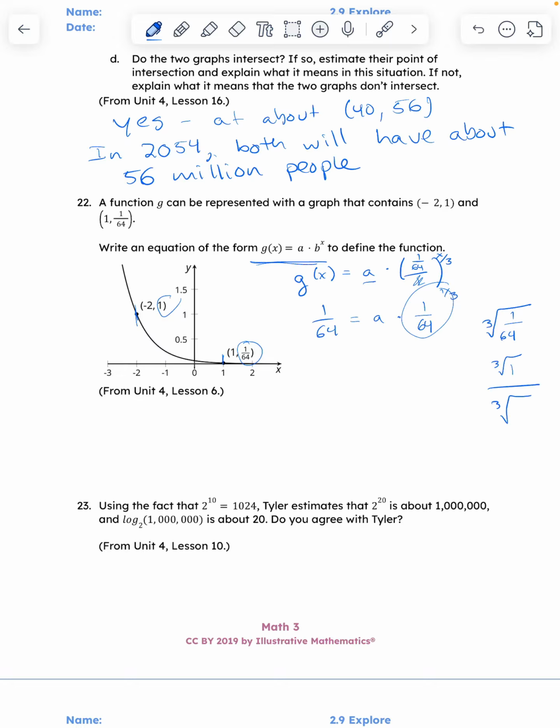Well, the cube root of 64 is 4. So I feel great about that. So I then know that 1 over 64 is equal to a times 4. I can divide both sides by 4. 1 over 256 is a. Wait, rechecking: with the values as spoken, a is 1/16.